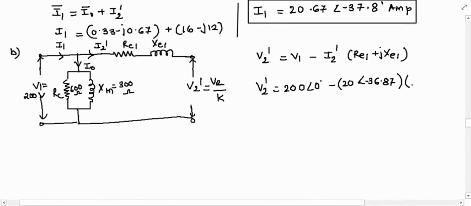So 0.15 plus J 0.37. So if we calculate this, you will get V2 dash as 193.2 at an angle of minus 1.2.